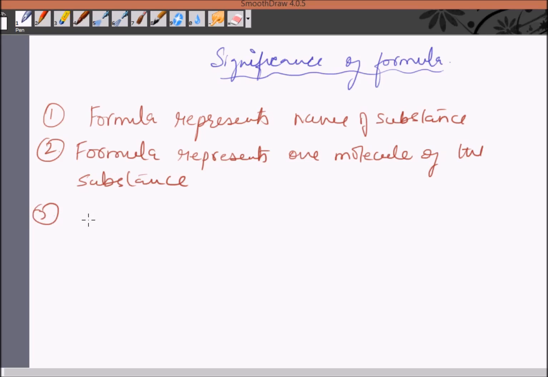It also represents one mole of molecules of the substance.